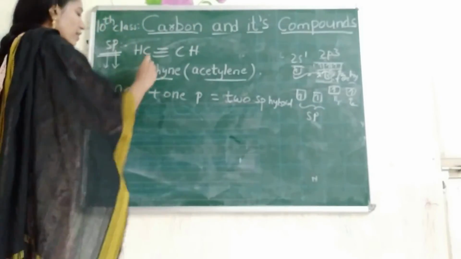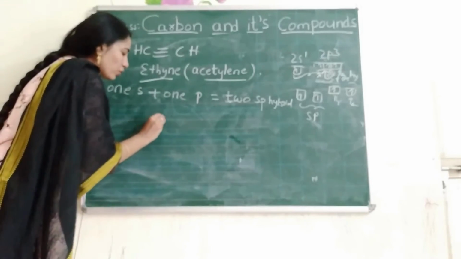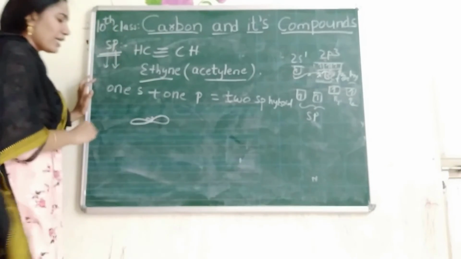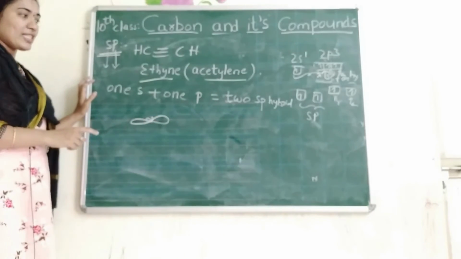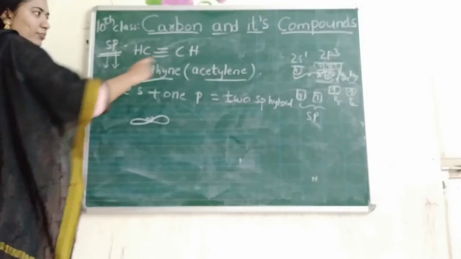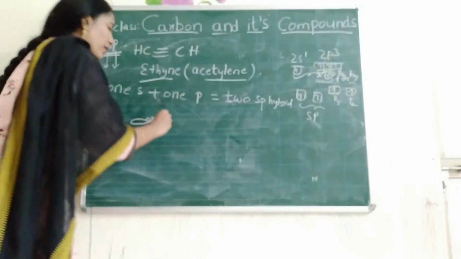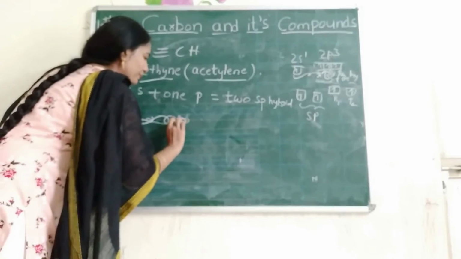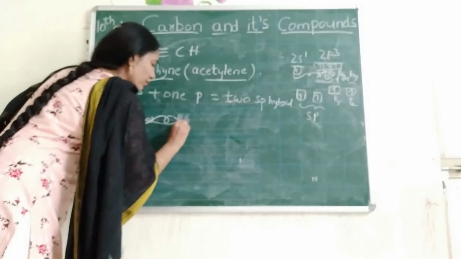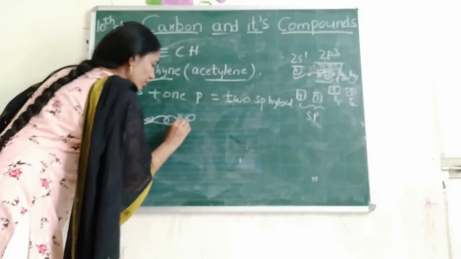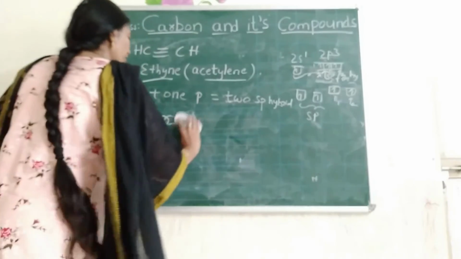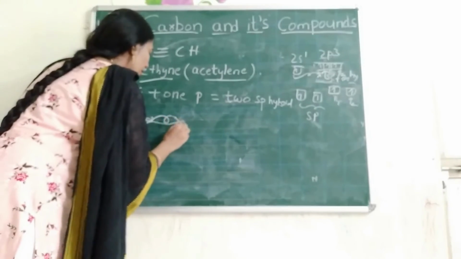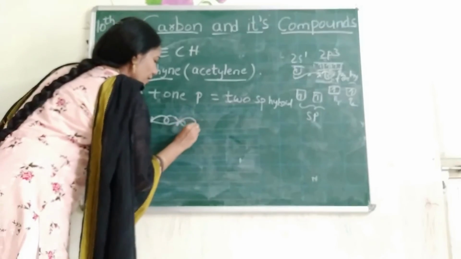For example, consider this one carbon with two sp hybrid orbitals: this is one sp hybrid orbital and this is the other.